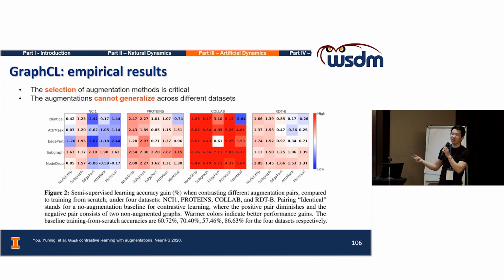Some combinations can get positive results on dataset A, but if we use the exact same combination of augmentation methods on dataset B, it might get negative performance. For example, if both views apply attribute masking, it can get positive performance on the proteins and collab datasets, but negative performance on the NCI1 dataset and the RDT-B dataset. That's the main drawback of random augmentations.